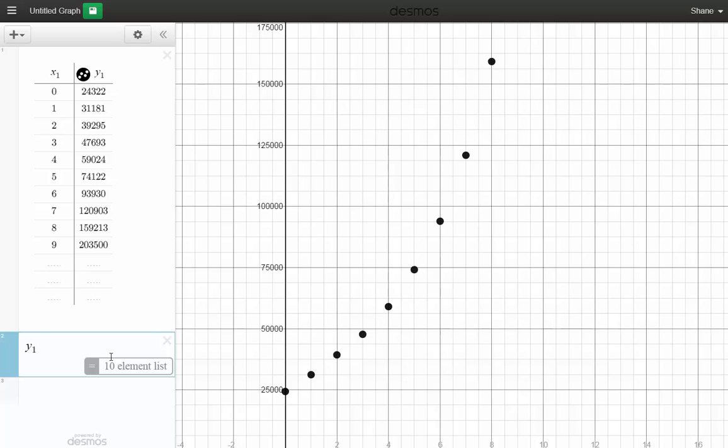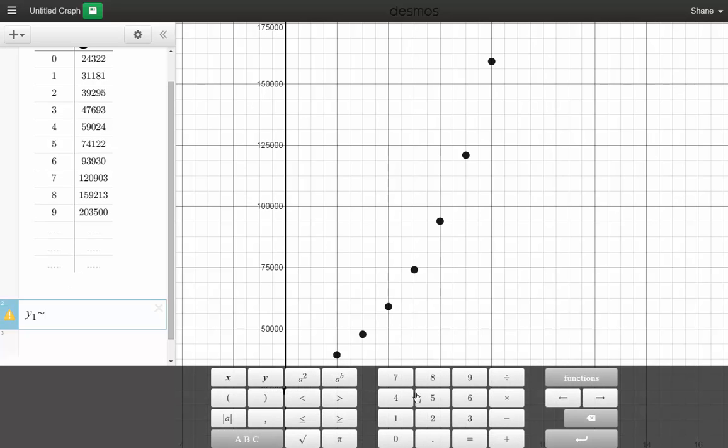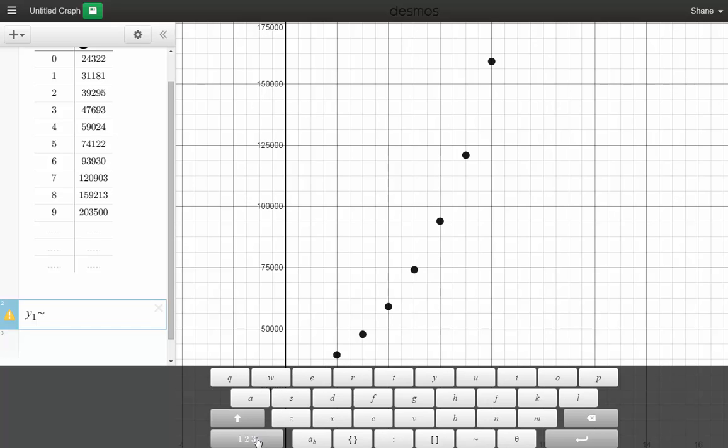The symbol you want to use is this little tilde, which is a shift apostrophe. You'll have to look around on your keyboard to find it, or it's also in the keypad down here, right there.